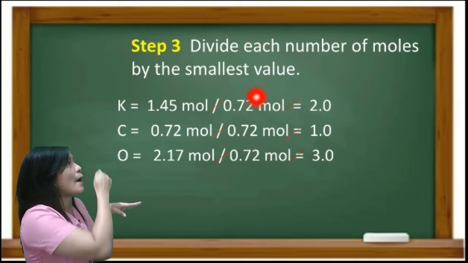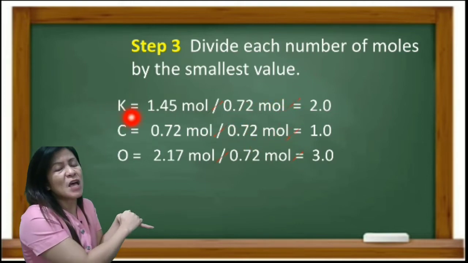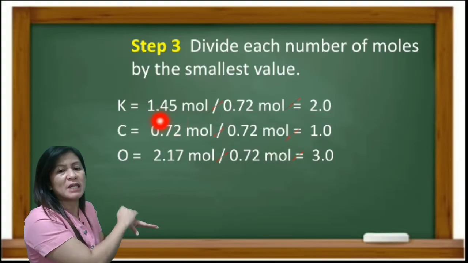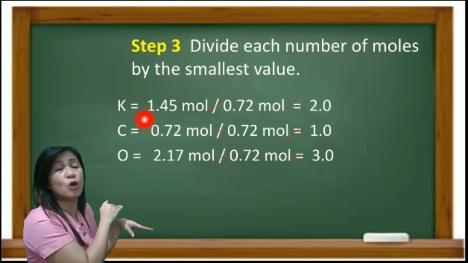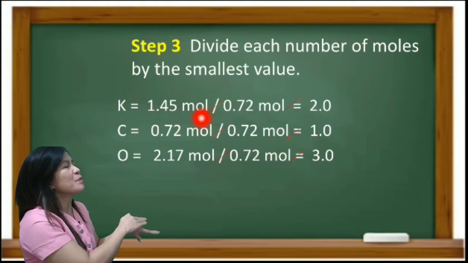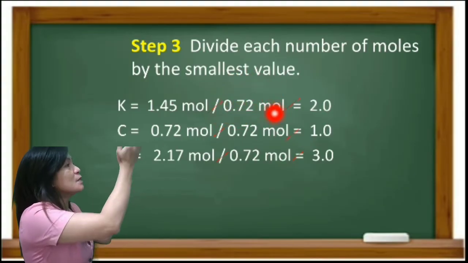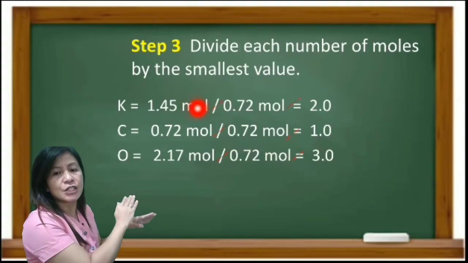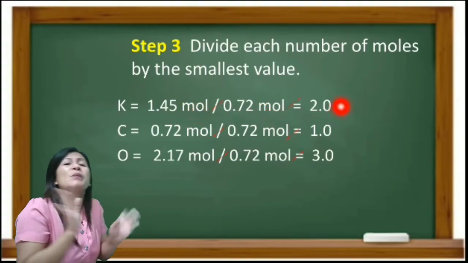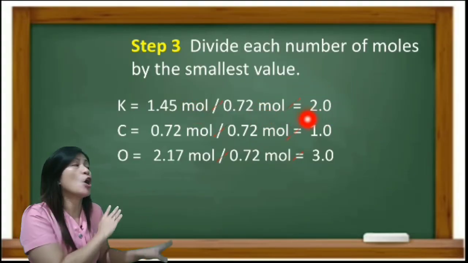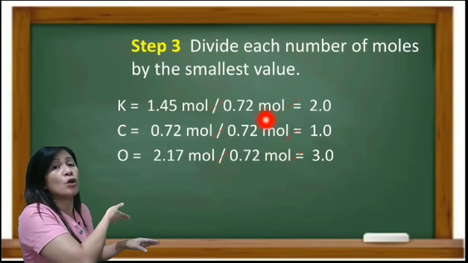In the case of potassium, the calculated mole of potassium in step 2 is 1.45 mole. You divide that by the smallest mole, 0.72 mole. You cancel mole, you will get the answer 2.0. There will be no more unit because you have canceled the mole and mole.